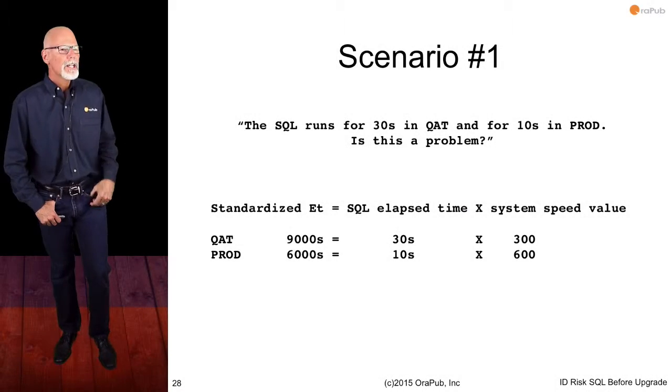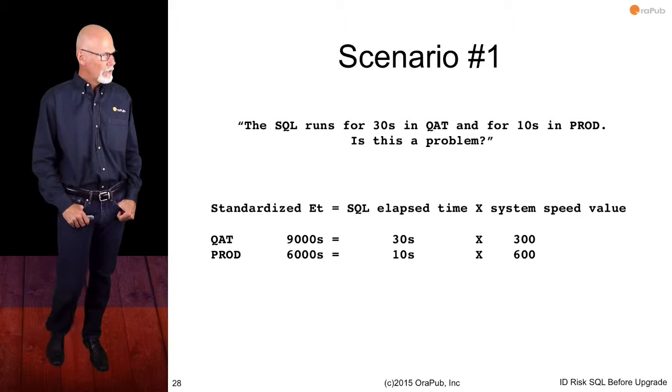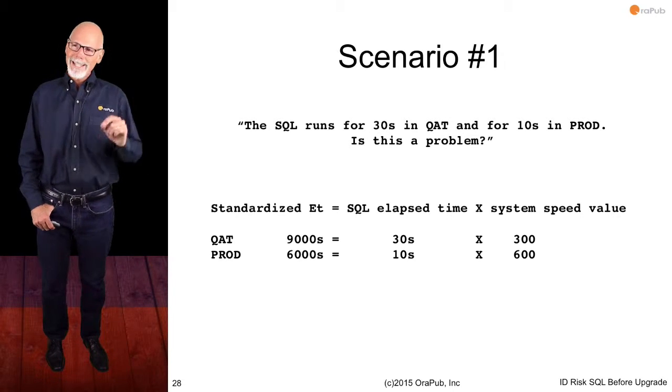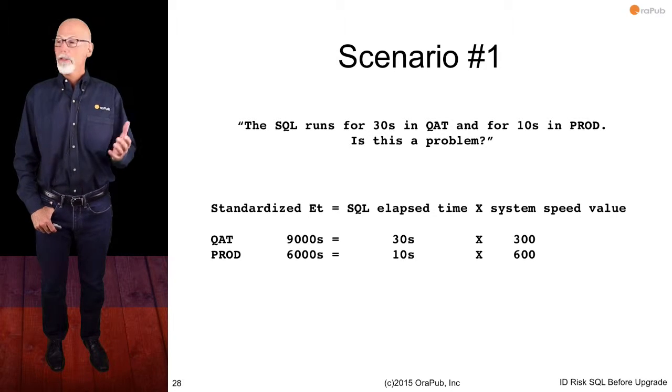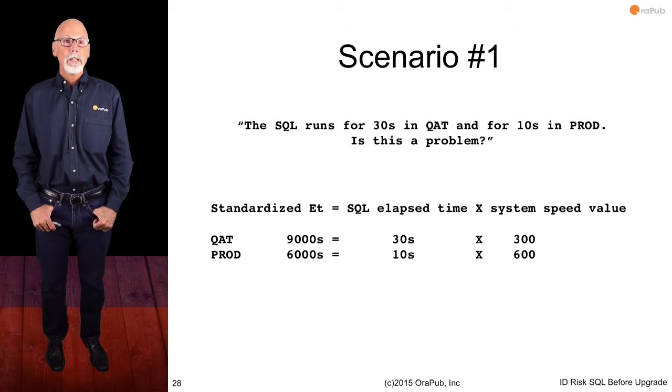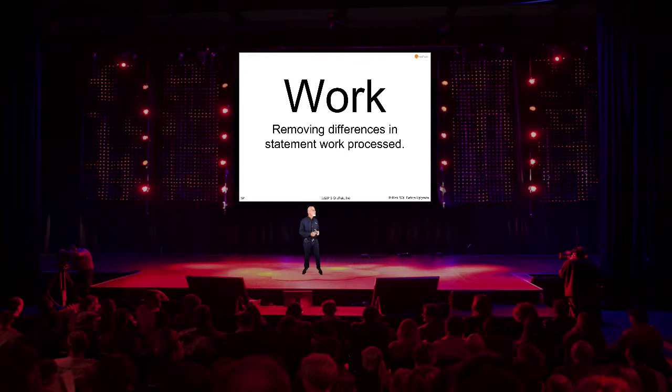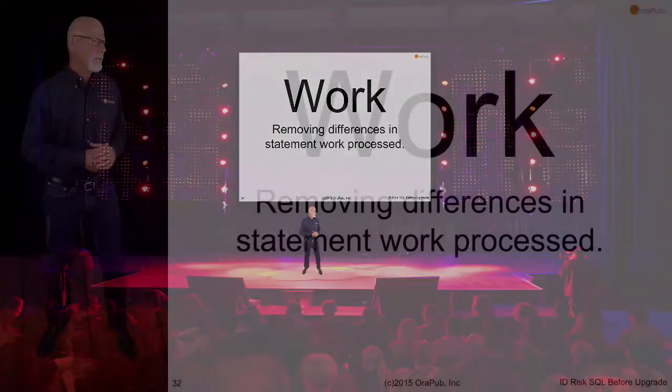Here's the situation. The SQL runs for 30 seconds in QAT, but it runs for 10 seconds in prod. So is this a problem? I mean, it's 3 times as slow in QAT. So does this present a problem? In fact, specifically, how do we deal with workload differences and workload intensities and workload mix differences in our production and our QAT environments?